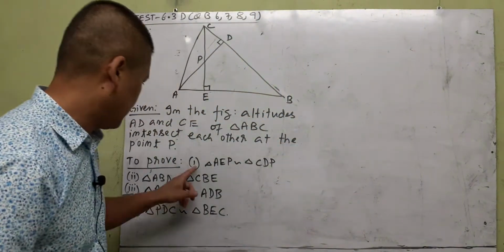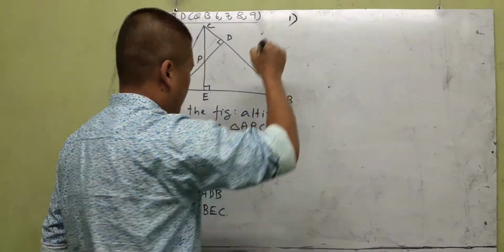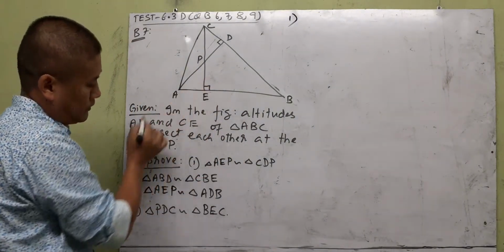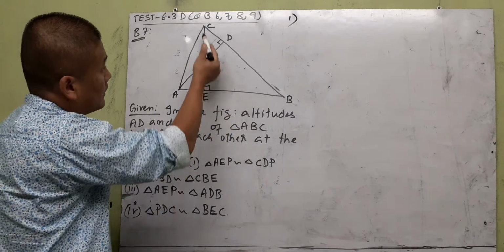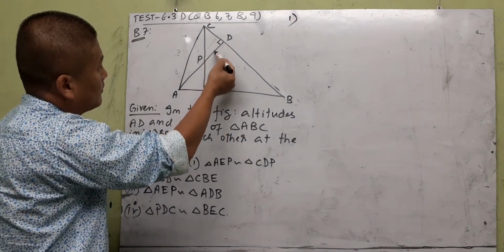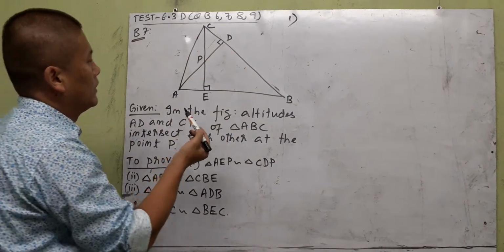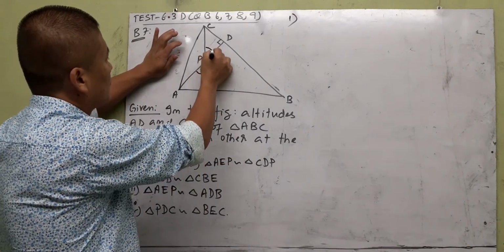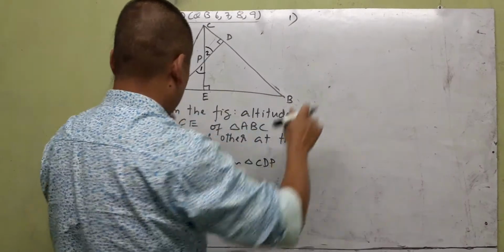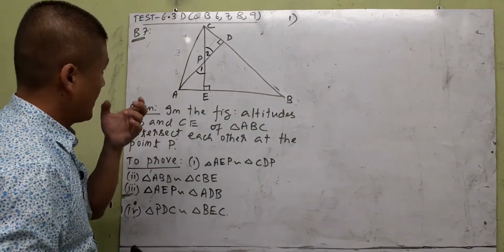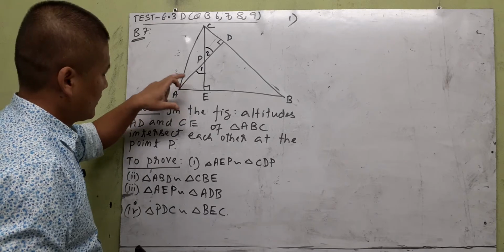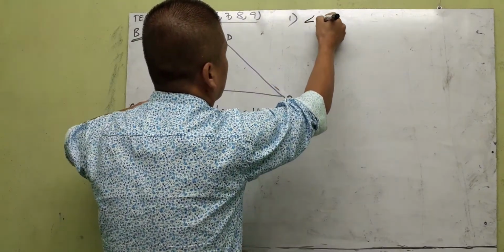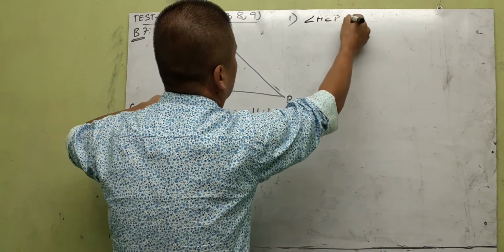Here, let us take the first one, number one. So look at these two triangles, AEP and CDP. Let me just write this one 1 and this one 2. So let's write here first angle AEP.